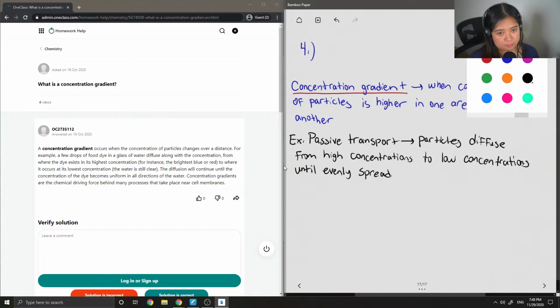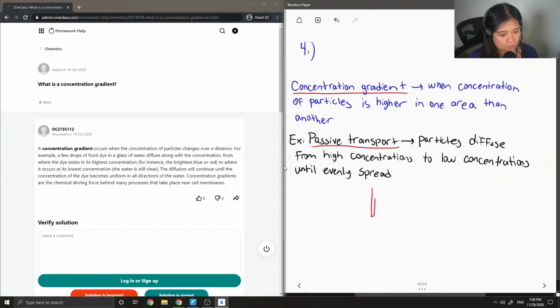So let's try to draw out a diagram of passive transport. This is supposed to be a membrane. This kind of is like the pump.